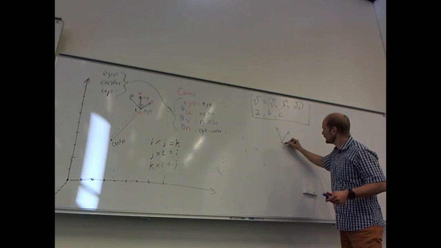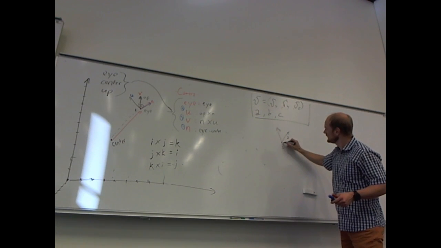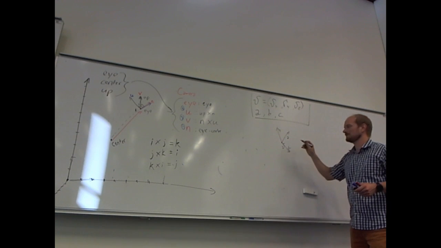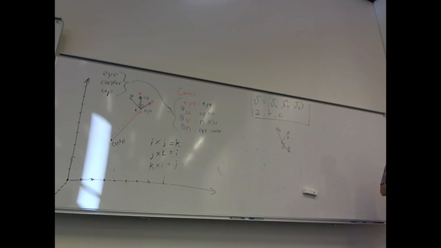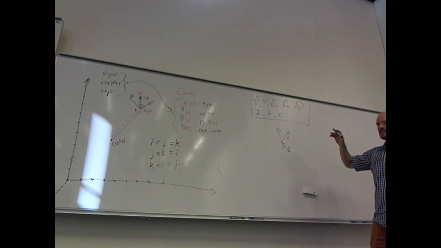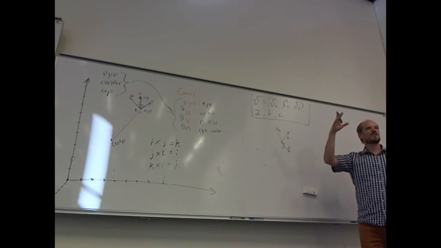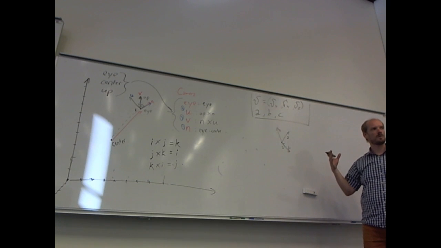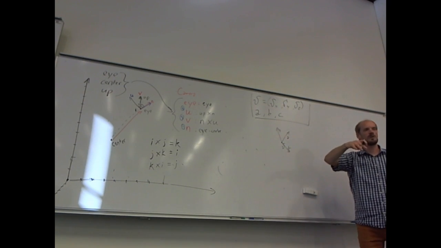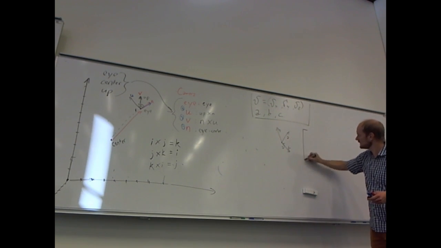The matrix that takes coordinates represented in this coordinate frame and gives me the coordinates represented in global goes from local to global. What does that matrix look like?